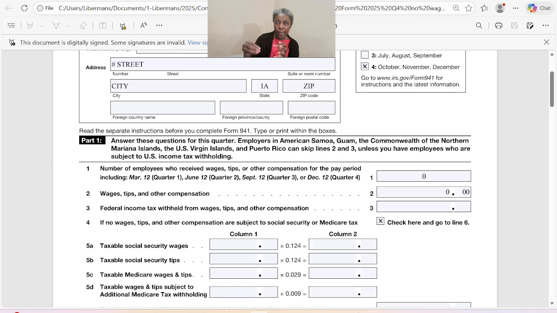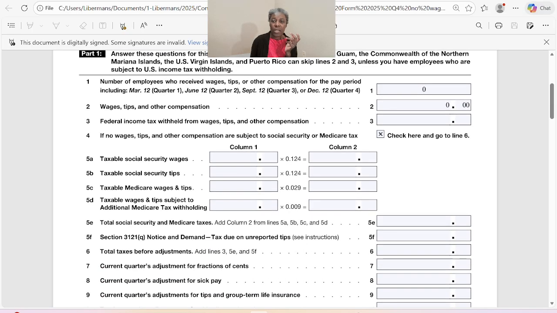That way you have proof that you mailed this form, just in case they come and say you didn't file it on time, or they didn't receive it at all, you have proof that you mailed it.